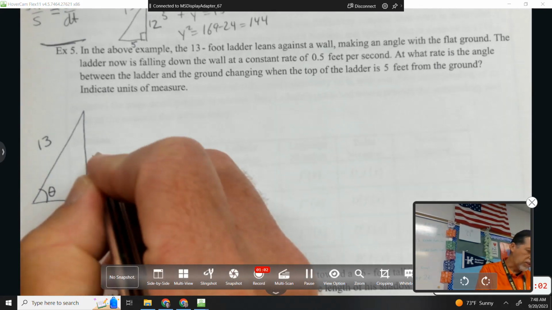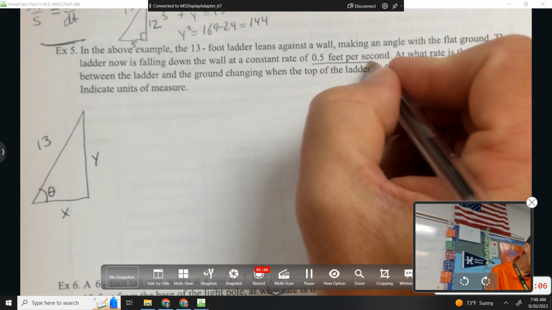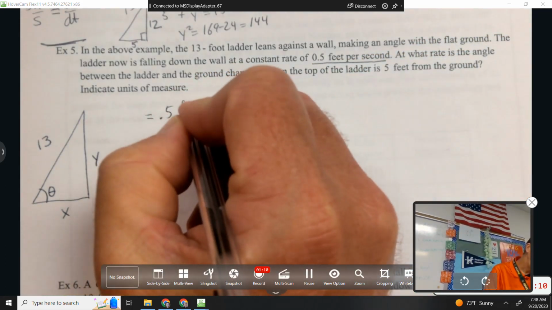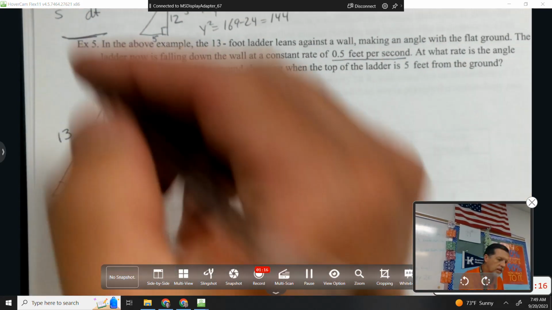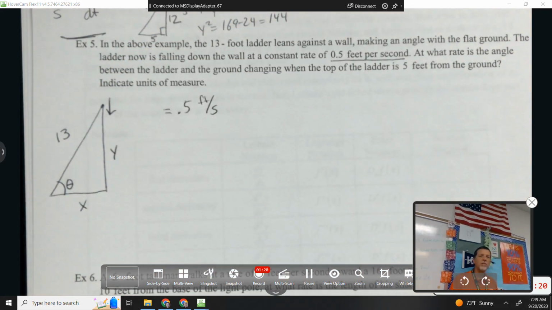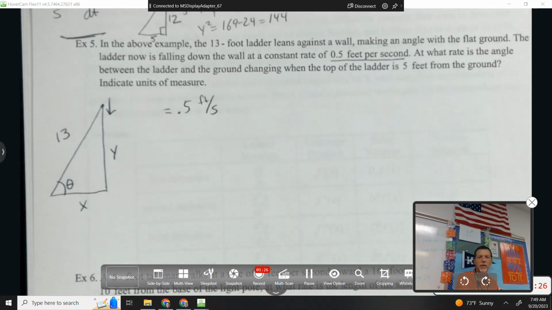I guess we can stick with our x and y here, at a constant rate of 0.5 feet per second. So what's 0.5 feet per second in terms of my variables? dy/dt.